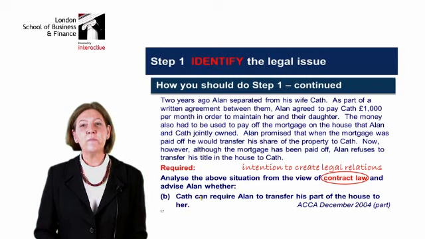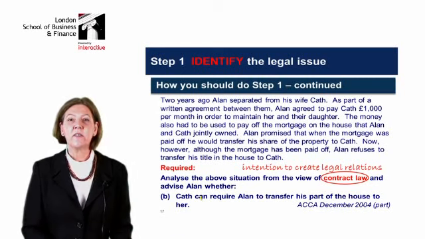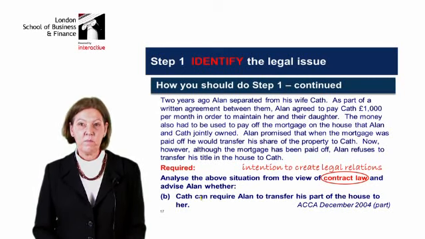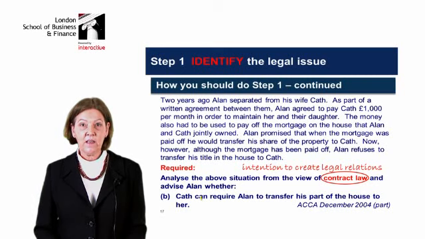The other one, of course, was Merritt and Merritt, which is also very like this scenario. It was where a husband and wife were separated, and the husband agreed to transfer the matrimonial home to the wife. But he never did, and she wanted to force him to do so. So if you'd covered those cases, they would have also made it quite certain in your own mind that the legal issue here is intention to create legal relations.